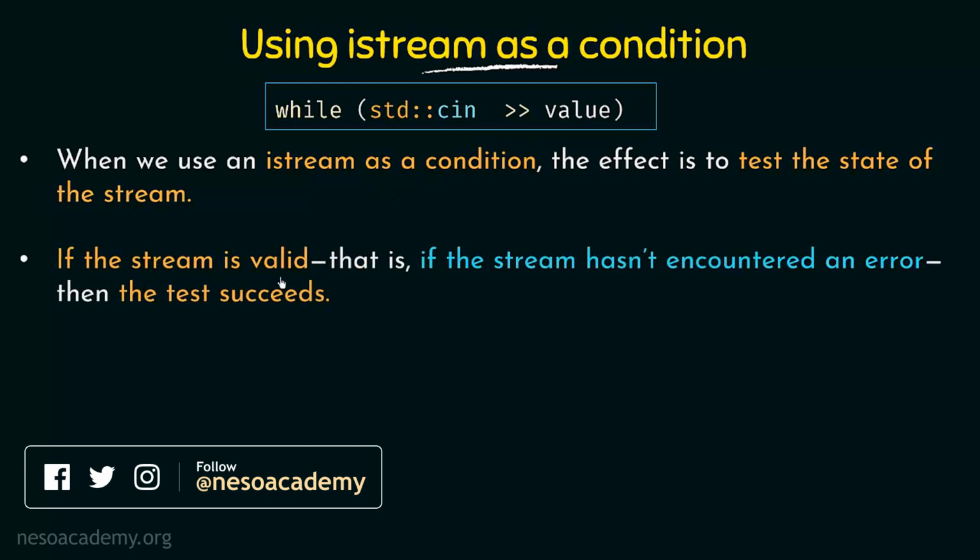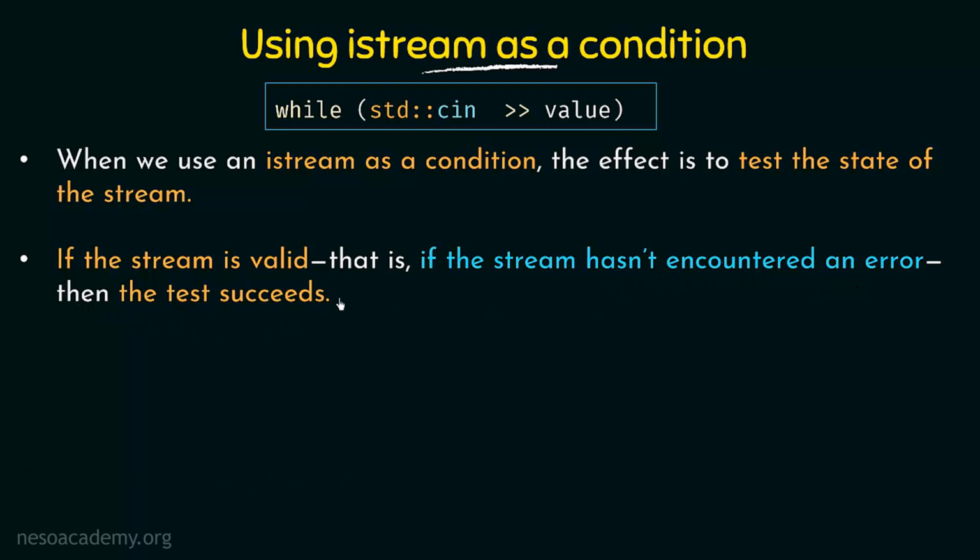So if the stream is valid, that is, if the stream hasn't encountered an error, then the test succeeds. So as I said, if the user is entering a proper value here, which is an integer, and if it is not an end of file value, then this will always be true. So that is why it says the test succeeds.